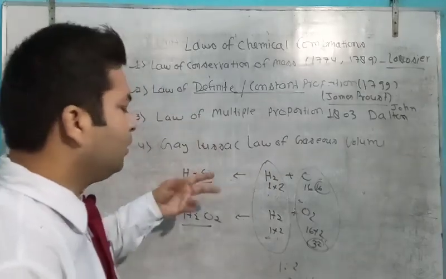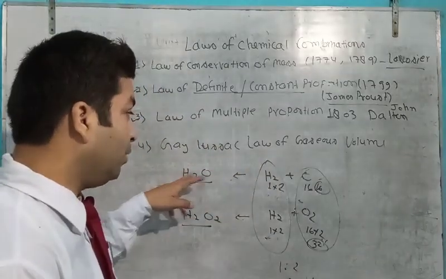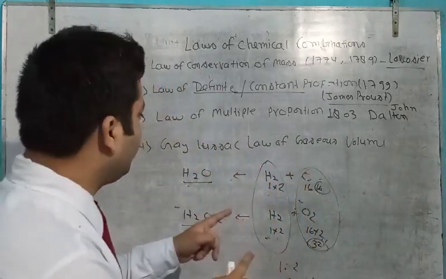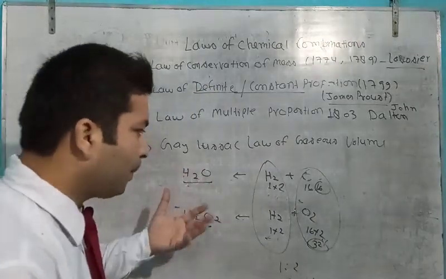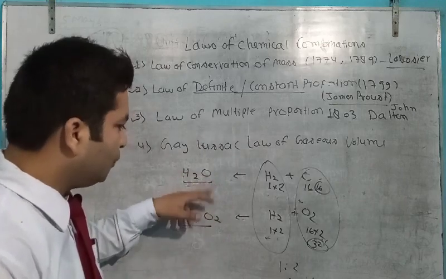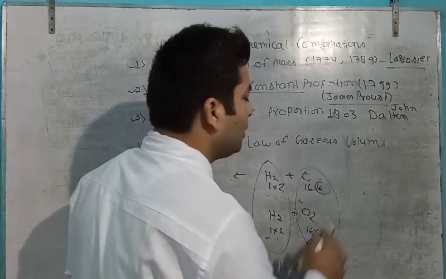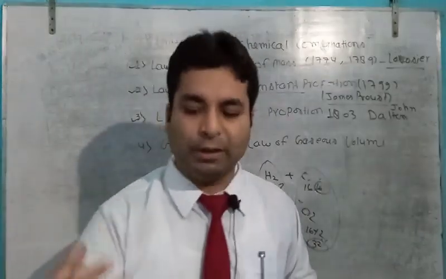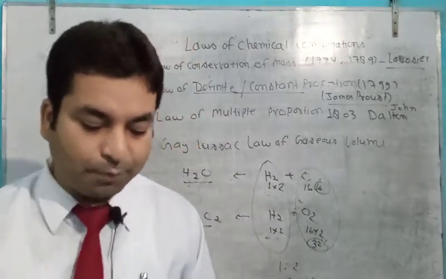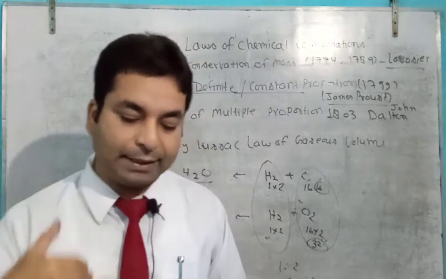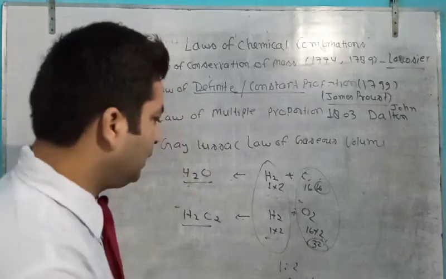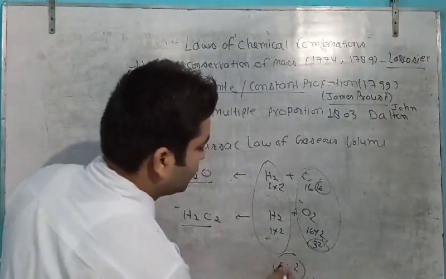If two elements form more than one compound, here the same two elements, hydrogen and oxygen, forming two different compounds, then the element which participates in different amounts will be in a simple ratio of small whole numbers. According to this law, if two elements combine to form more than one compound, the mass of one element combined with a fixed mass of the other element is in a ratio of small whole numbers.